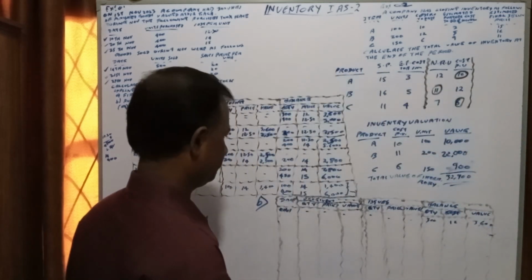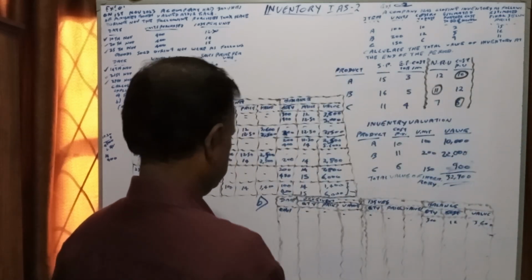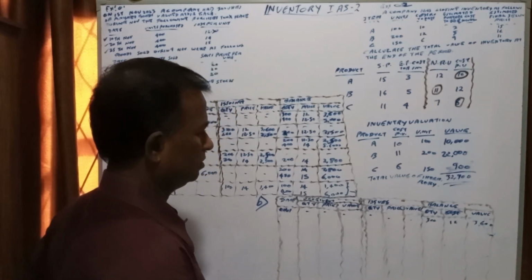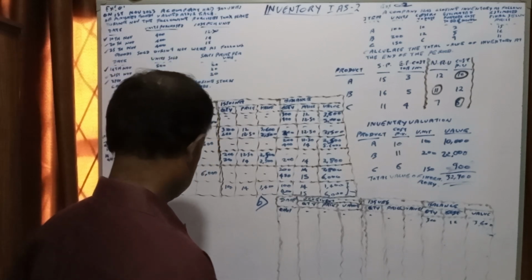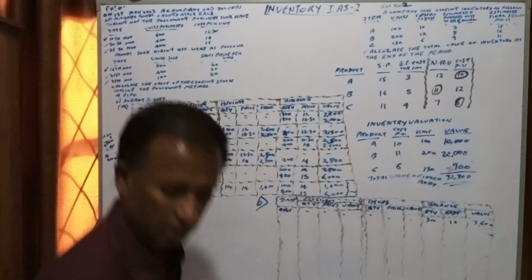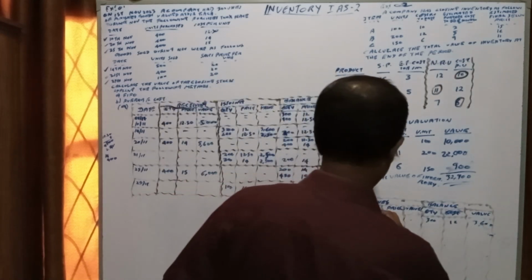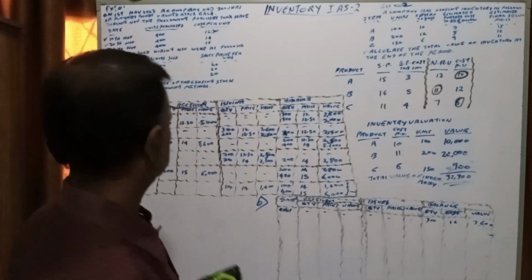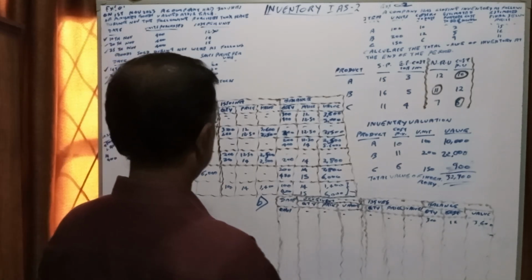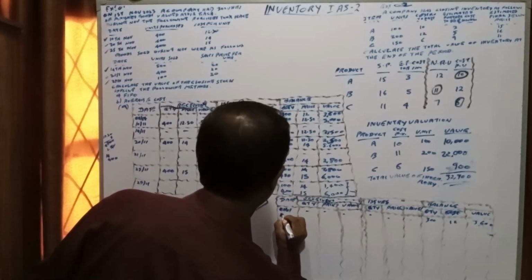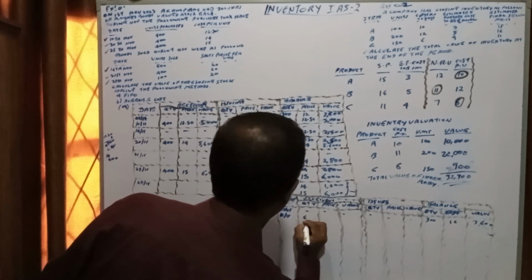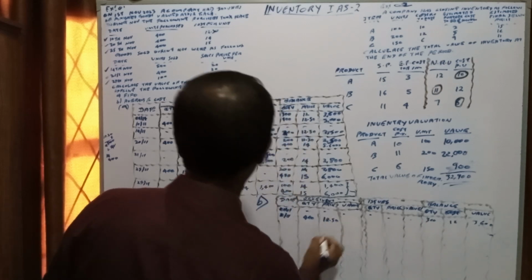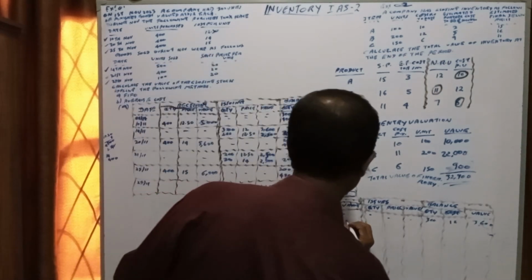Now on 10th of November, we are purchasing 400 units at the rate of 12.50, that is 5,000.